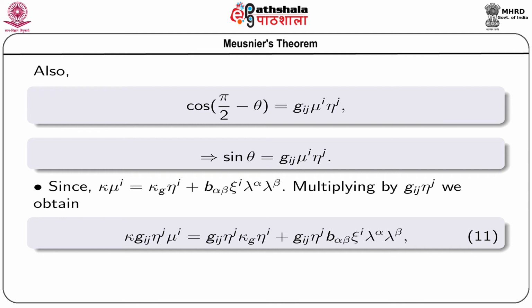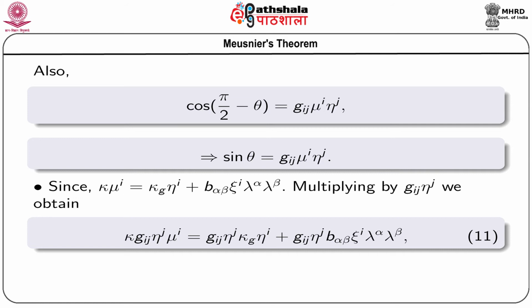Now, you see that in the left hand side of 11 we get kappa g_ij eta^j mu^i and this value is sin theta. So, in the left hand side it is kappa sin theta.